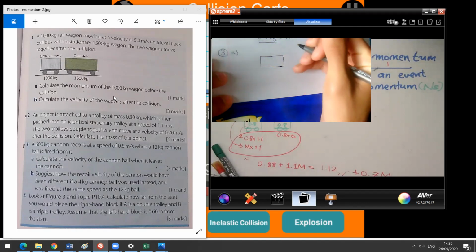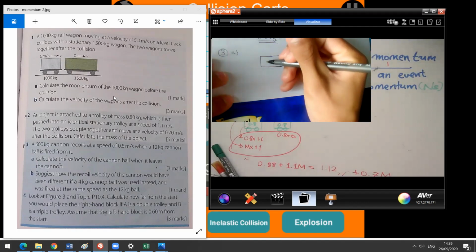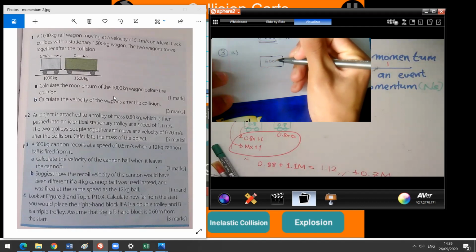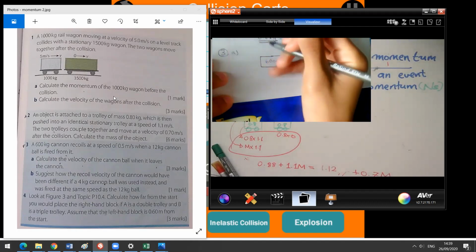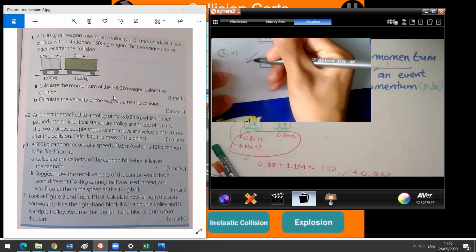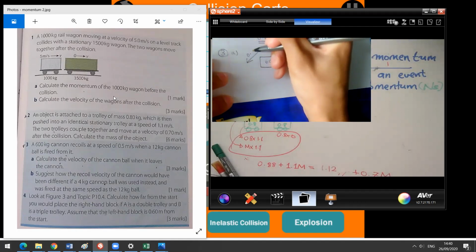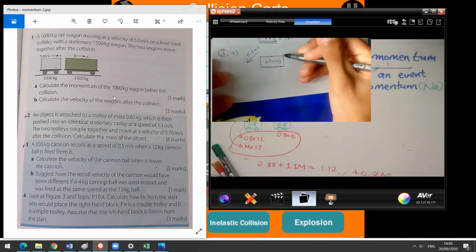So we know the cannon is 600 kg, and it recoils at speed 0.5 meters per second. So we know it's moving this way. And then the ball is being fired.